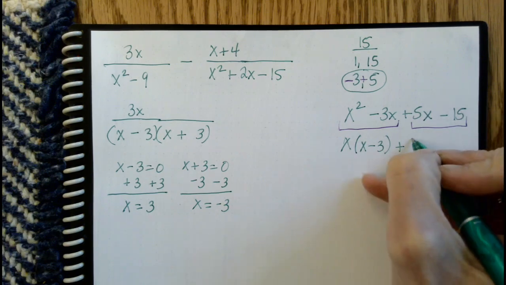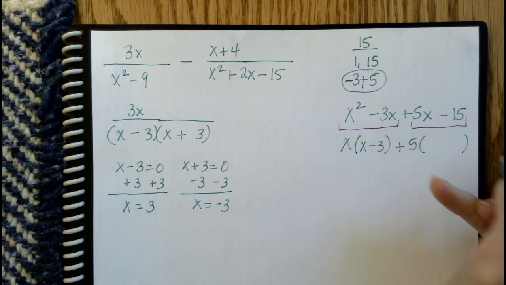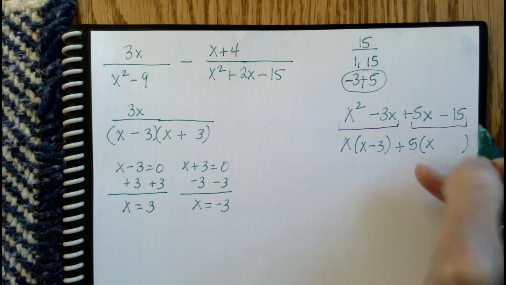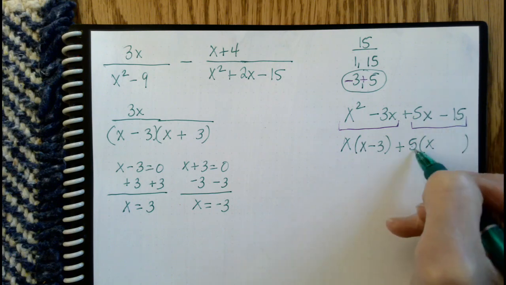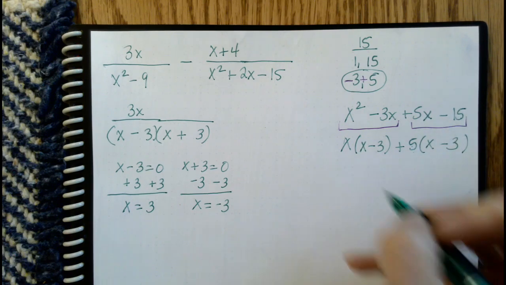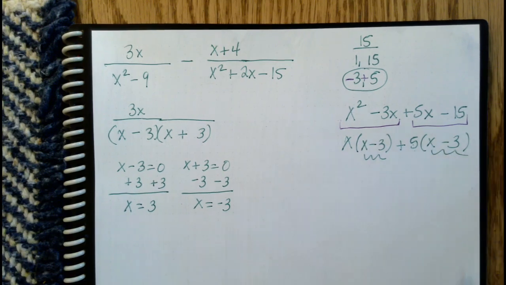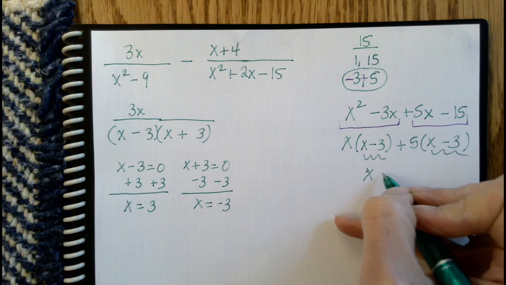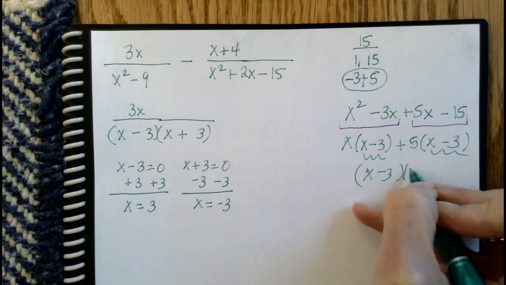Over here in the next group, the greatest common factor is 5, the biggest number that divides into both, by the way. 5x divided by 5 is x. 15 divided by 5 is 3. In fact, negative 15 divided by 5 is negative 3. And then what happens when we factor is we get x minus 3 times x plus 5.